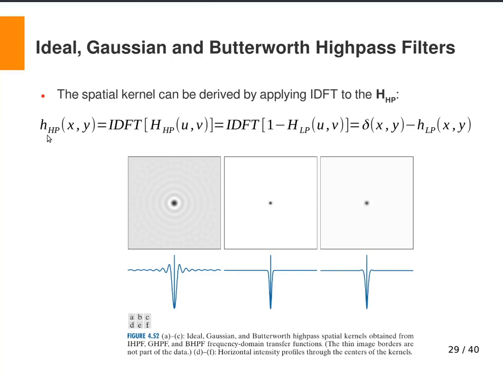So the spatial representation of the high pass filter is going to be a delta minus the spatial representation of a low pass filter. If we show it in a spatial form, as you can see here, we have this additional impulse that is a result of calculating the inverse discrete Fourier transform of a constant function.